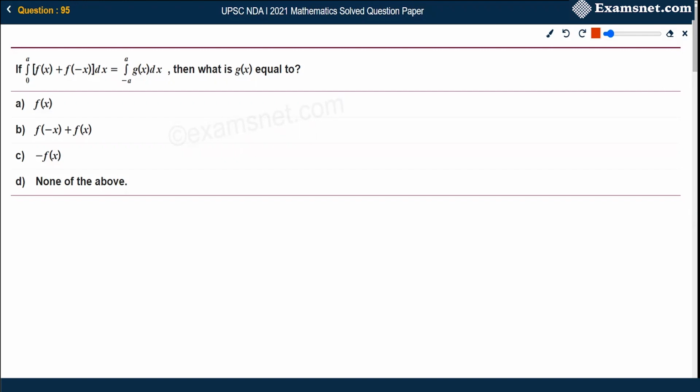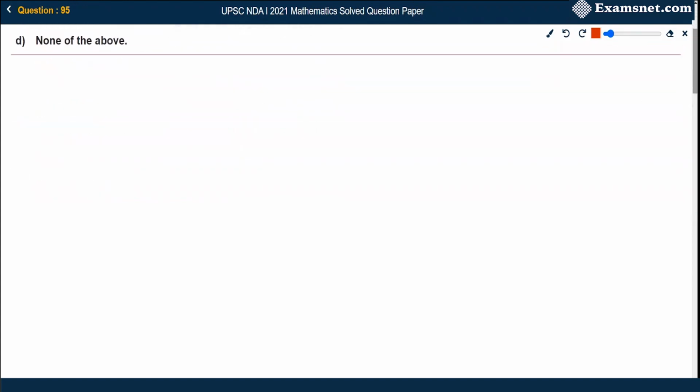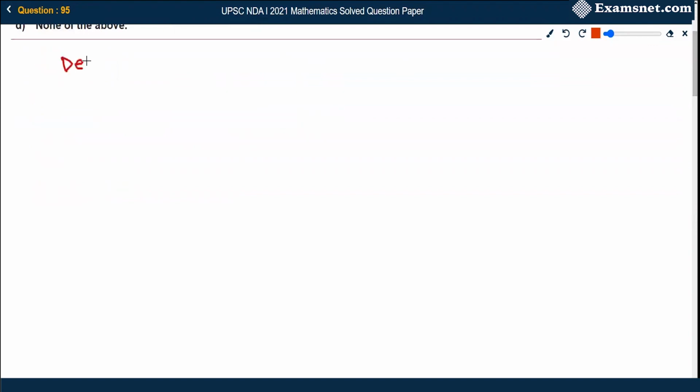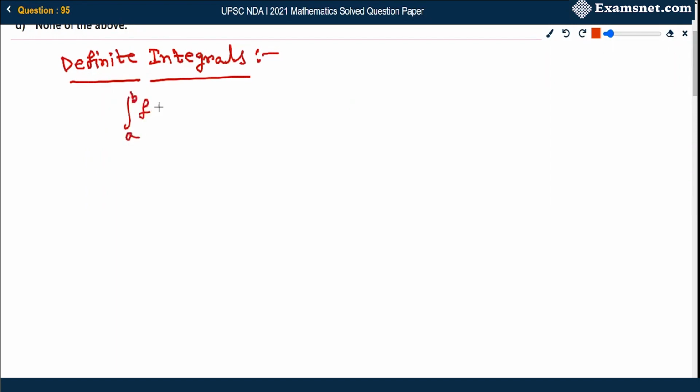First, let's talk about definite integrals. Here, the integral from a to b of f of x dx equals the integral from a to b of f of a plus b minus x dx, right?